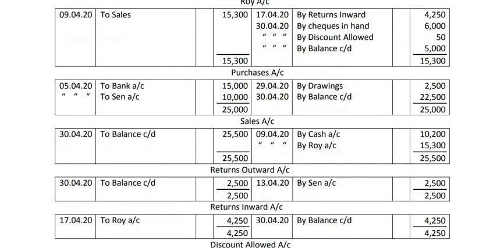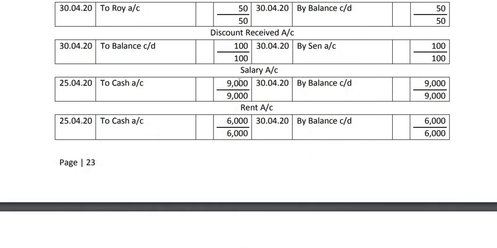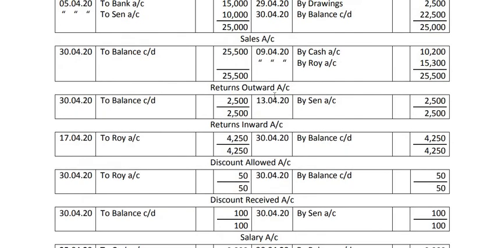In salary account I have written to cash 9,000, and in rent account I have written to cash 6,000. That means these two accounts show debit balance. This is debit balance 9,000 in salary account, and this is also debit balance 6,000 in rent account. Okay. So posting to rent account and salary account has been done.